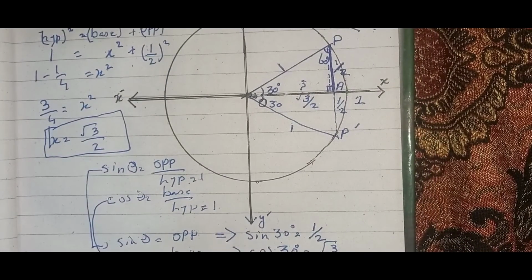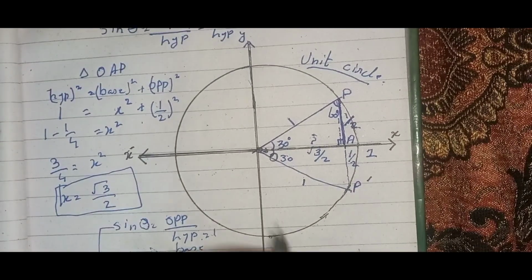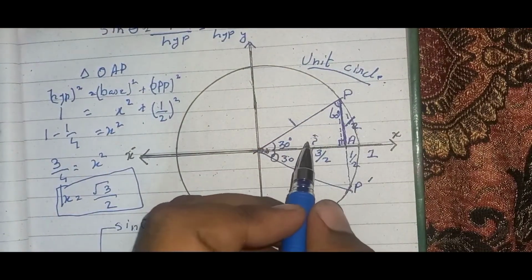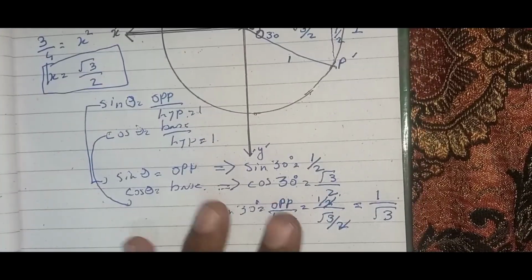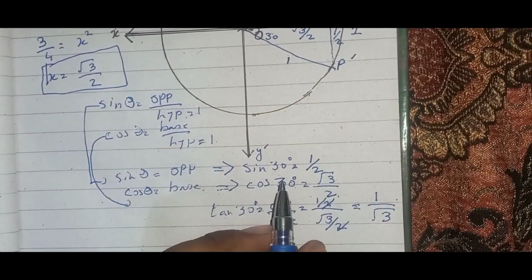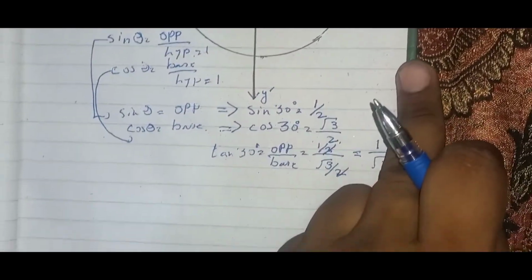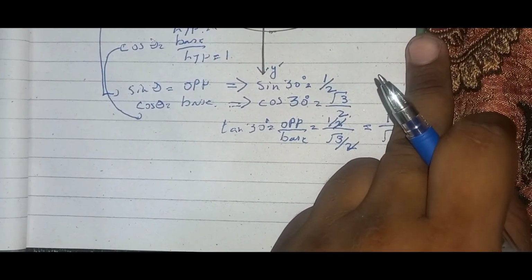So this is a very easy method. By using the definition of unit circle, we can also find the remaining other three values.